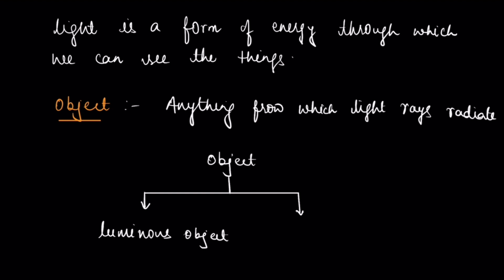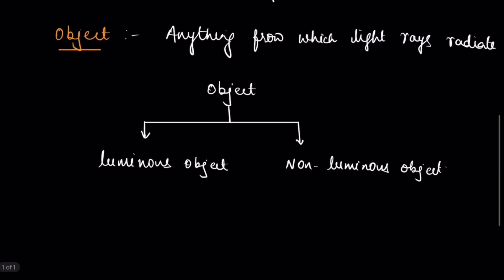How can we define luminous object and non-luminous object?